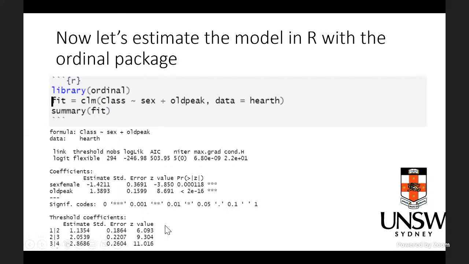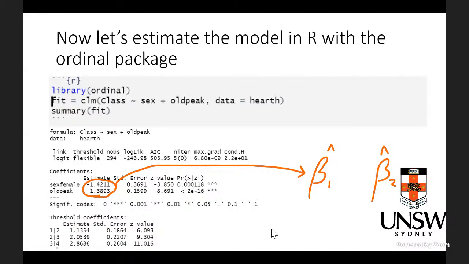And this is the stuff that it spits out, which should be similar across packages. So it gives me these threshold coefficients. These are the thetas, theta 1, theta 2, and theta 3. They're generally not that interesting, and we generally don't care about them, but they're like intercepts, so we need them in the model.